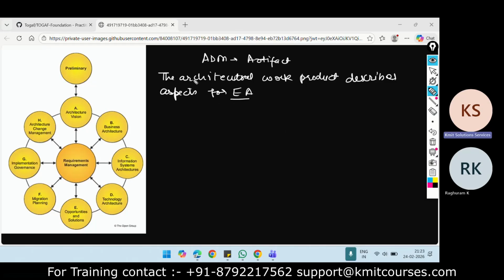From the TOGAF or enterprise architect point of view, we define artifacts into different classifications. Artifacts are classified as catalogs, as matrices, and in the form of diagrams.